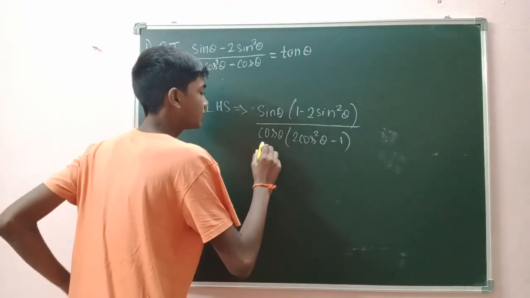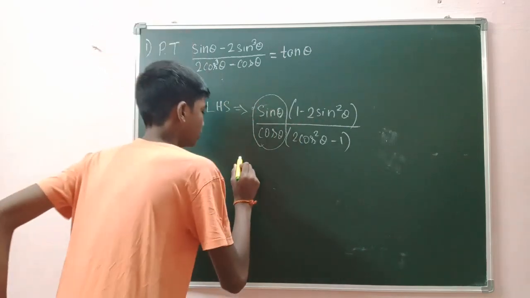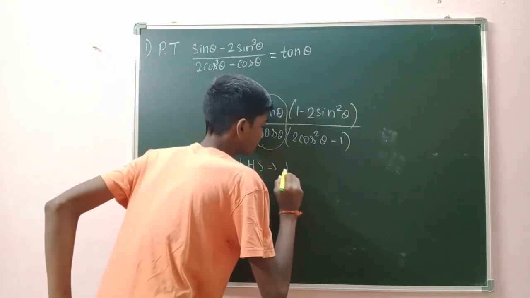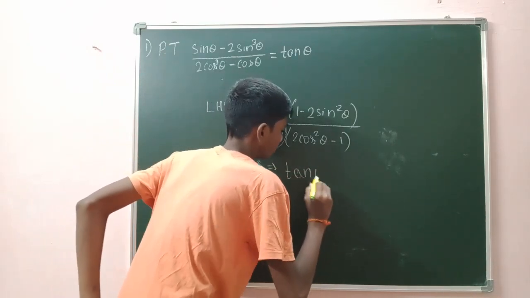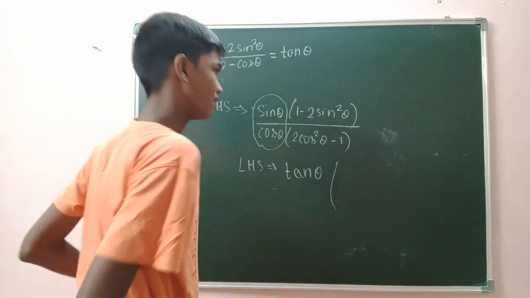Now the part that I circled is nothing but tan theta. So I can write the LHS as sin theta by cos theta, which is tan theta, times, listen very carefully.